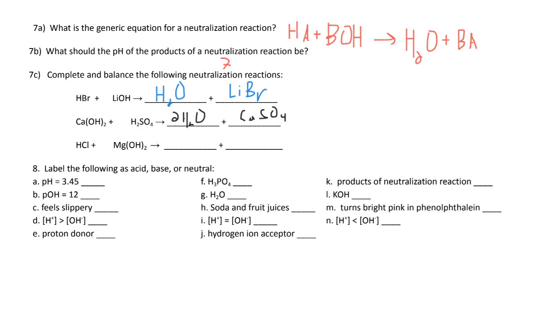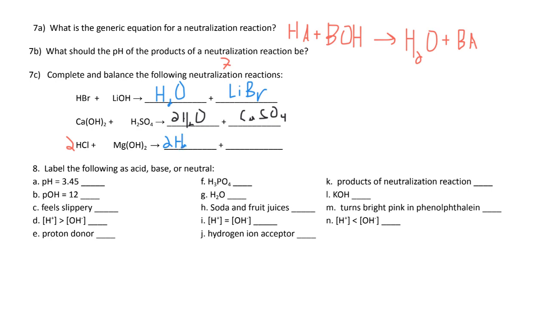All right. Now this next one's a little bit tricky because the hydrogen chloride, or hydrochloric acid, is only going to bring 1 hydrogen, but magnesium hydroxide brings 2 OHs. So I have to put a 2 over here. Don't miss this 2 over here or else it's never going to be balanced. With this 2 over here, I'll have 2 hydrogens, 2 hydroxides, so I can make 2 water molecules again.